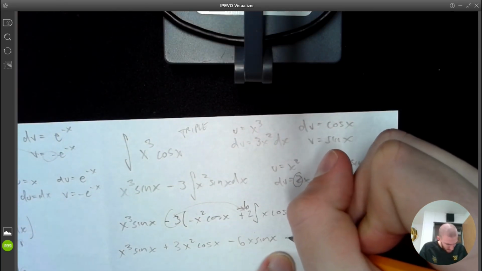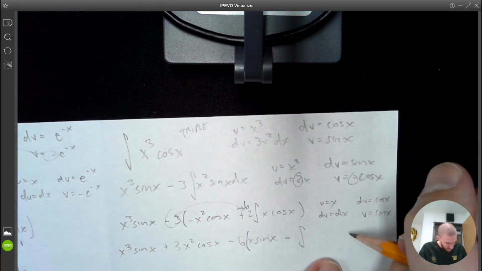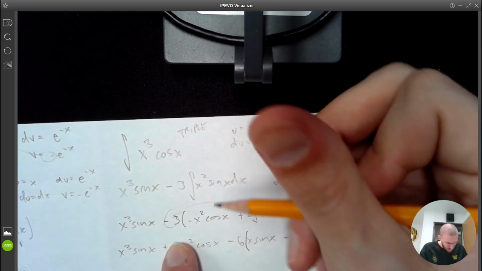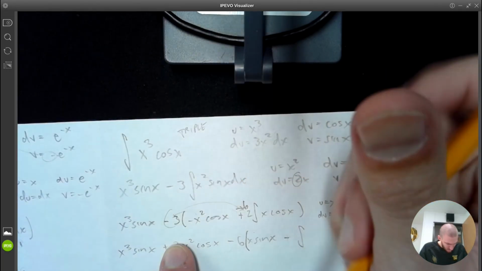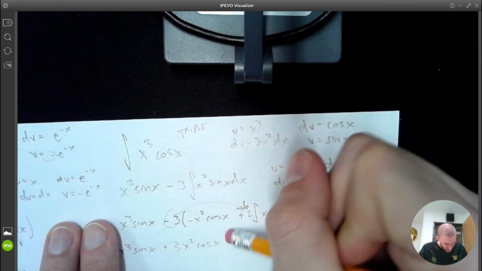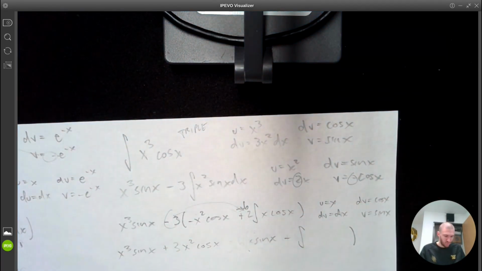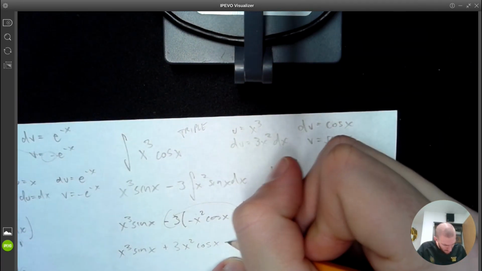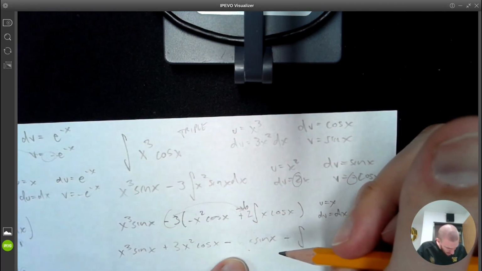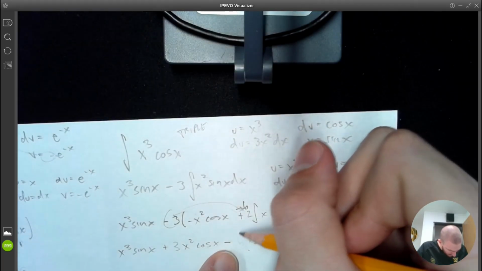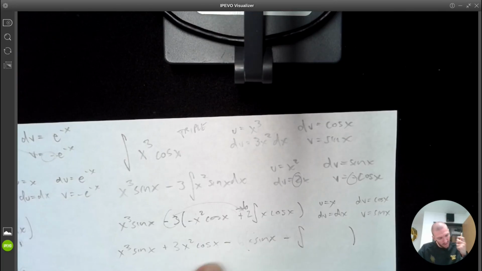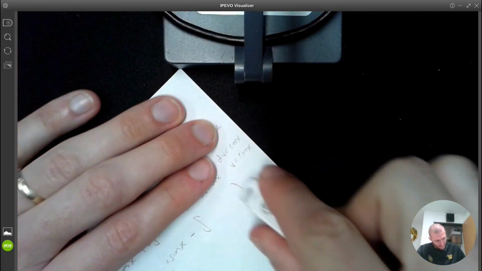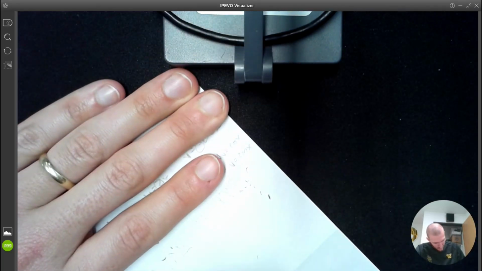What if I just put all of this in parentheses? It's getting messy. This is a negative. Oh no. Alright. I got lost. Let's go back.